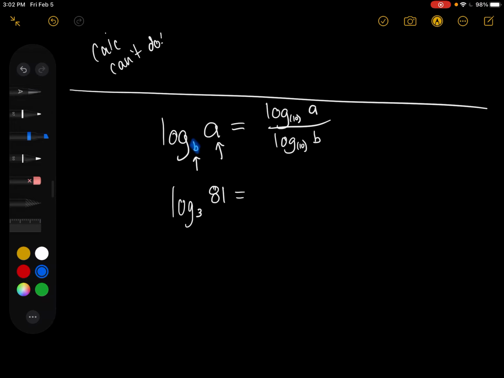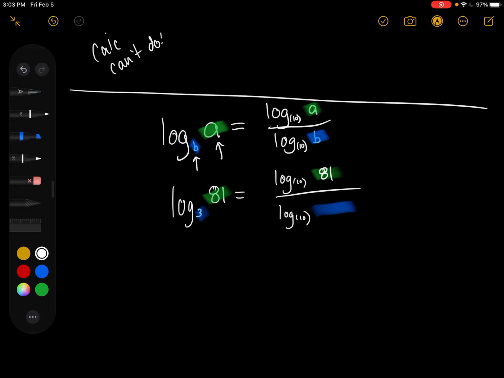Well, let's do some color coding here. This might help. We are going to take our log base 10 function over our log base 10 function and put our green term on top and put our blue term on the bottom. So if we go through and do that, 81 goes on top and 3 goes on the bottom.